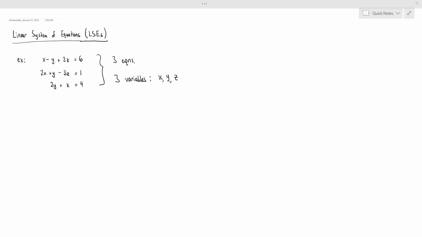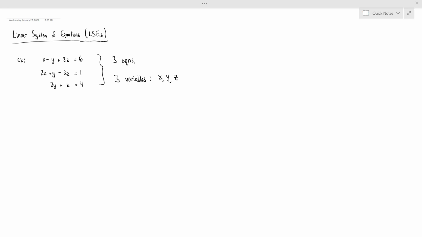First, none of the variables are being raised to any powers aside from a power of 1, because x is already x to the 1. But you don't see anything like x squared, for instance. So there's that.